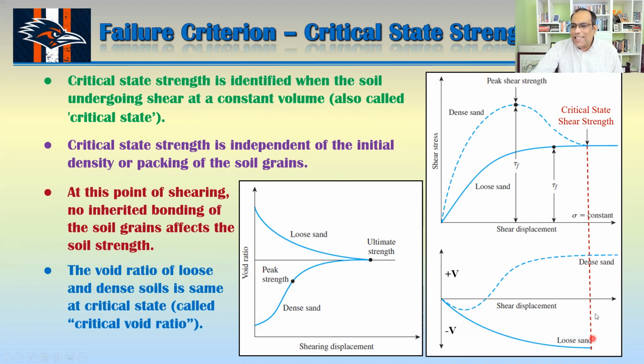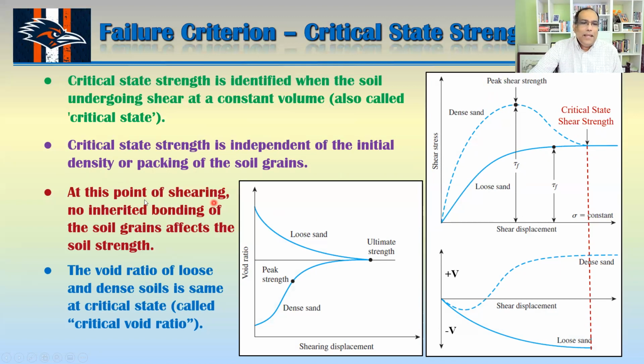So we just take the strength when the volume of the specimen is not changing anymore. So this is the critical state shear strength, for this one and also for this one.